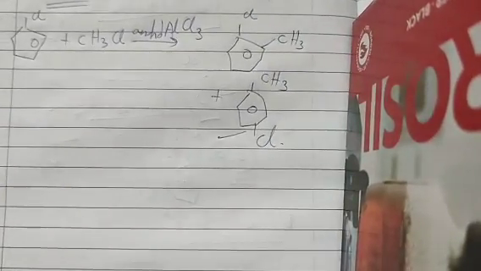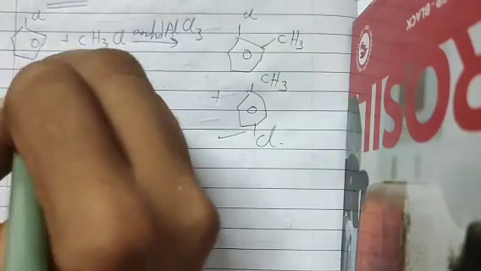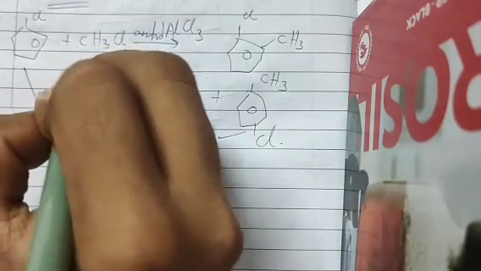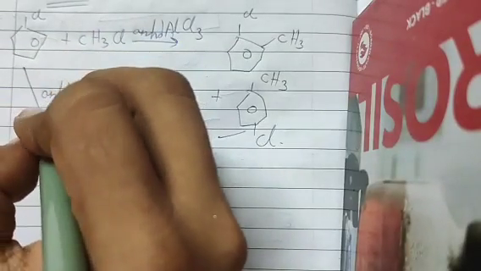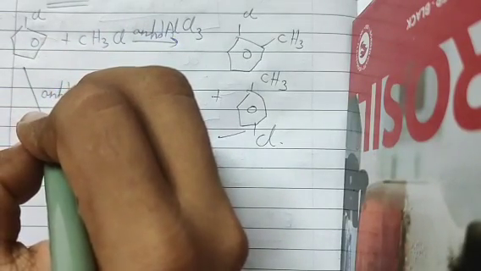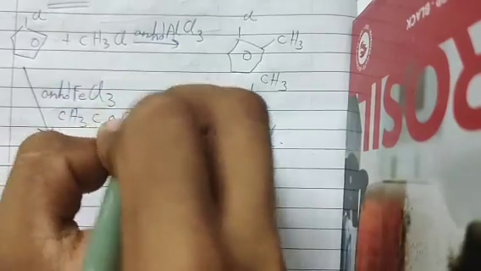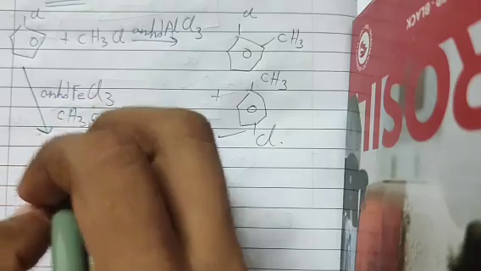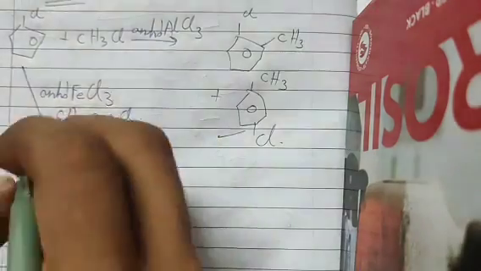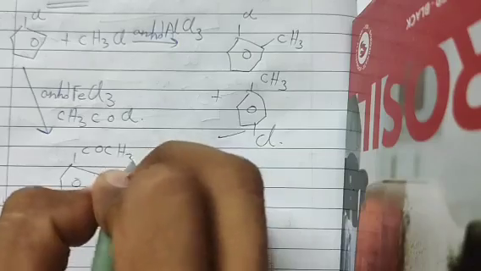Second, I am taking again this haloarene, but with this I am taking anhydrous FeCl3 or else AlCl3, and I am using CH3COCl. Before this, I wanted to tell you what acetophenone is. Acetophenone is nothing but COCH3 on a benzene ring.